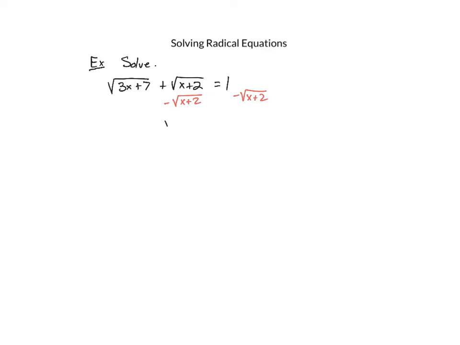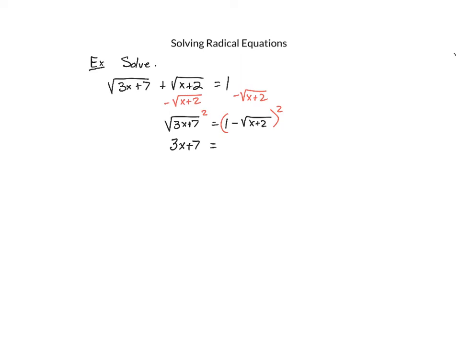My next equation will be the square root of 3x plus 7 equals 1 minus the square root of x plus 2. We'll square both sides now. That will take care of the radical on the left-hand side. So we'll just have 3x plus 7, which was our goal in squaring both sides.